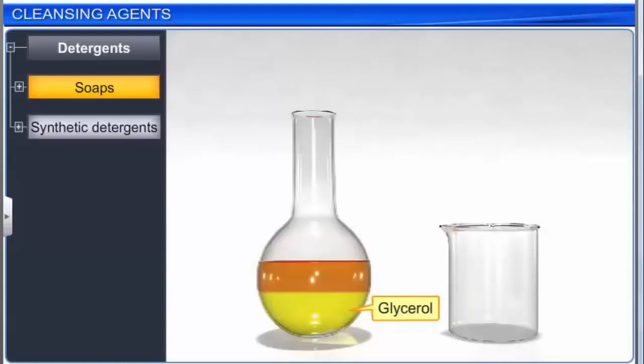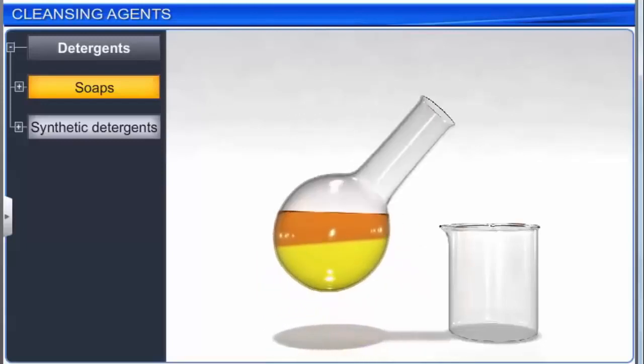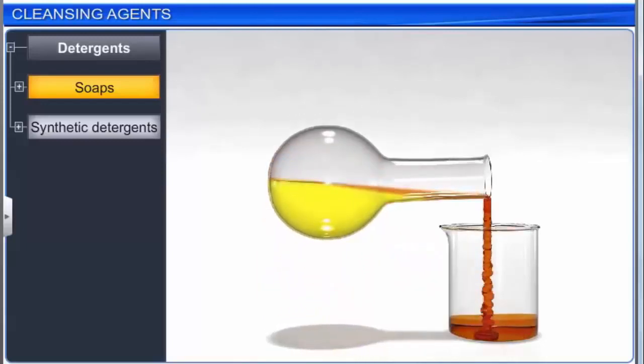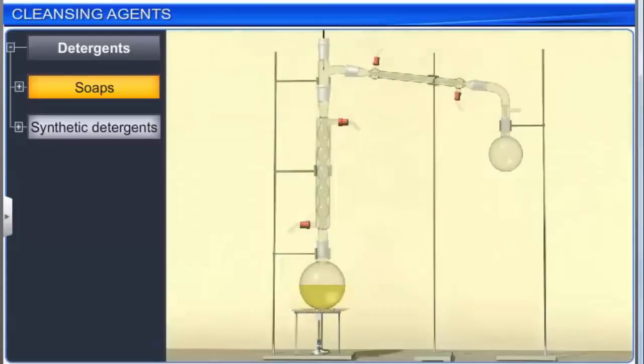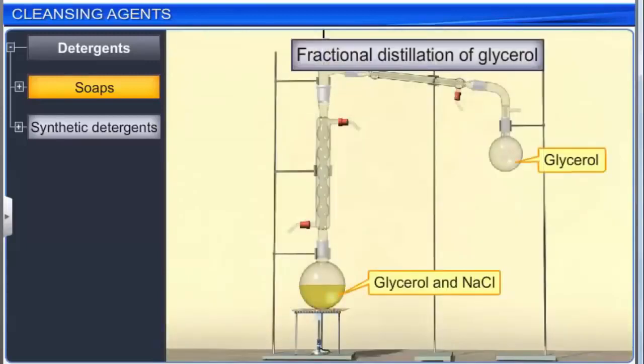The glycerol dissolves in the salt solution, but the soap is insoluble and hence floats on the surface of the solution from where it is removed. Glycerol from the solution is recovered by fractional distillation.